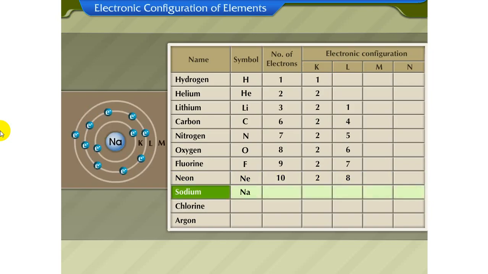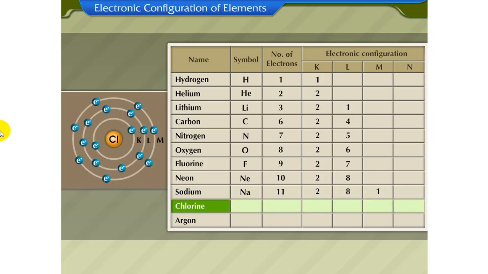Next is sodium. The number of electrons is 11. There are 2 electrons in the K shell, 8 electrons in the L shell, and 1 electron in the M shell. Therefore, the electronic configuration is 2, 8, 1.